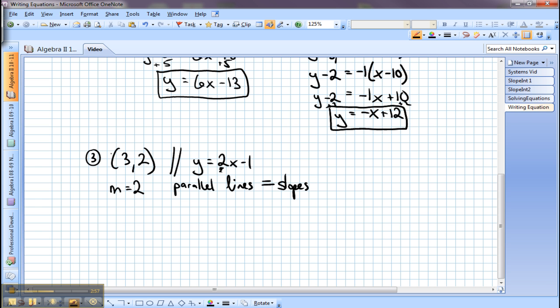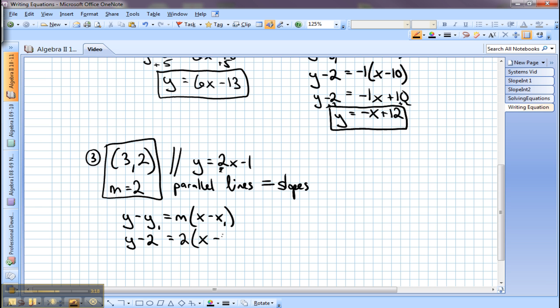And then with our slope of 2 and our point 3, 2, we are going to substitute into point-slope form. Y minus y1 equals m times the quantity x minus x1. Substituting in, we get y minus 2 is equal to 2 times the quantity x minus 3.